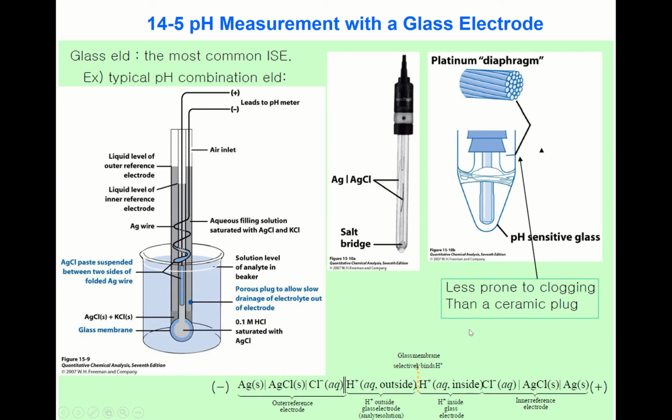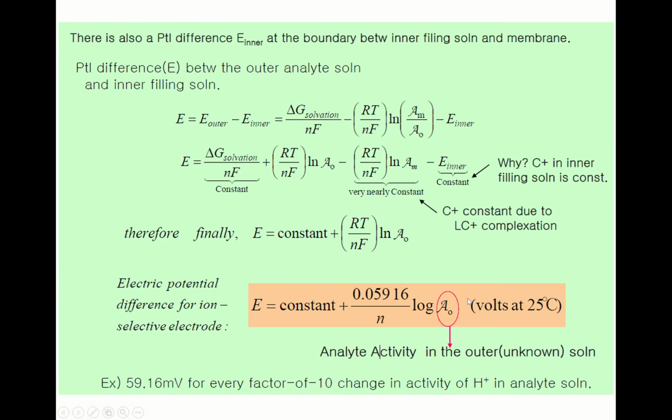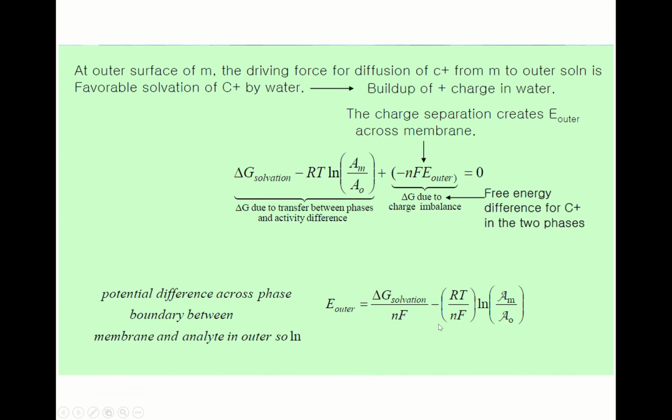The ion selective electrode principle and derivation is not simple. If you refer to a more advanced book, you will find more complicated equations and derivations, but don't worry about that.